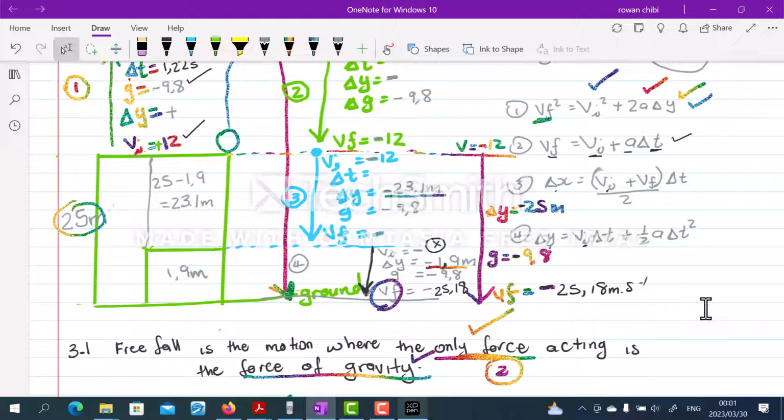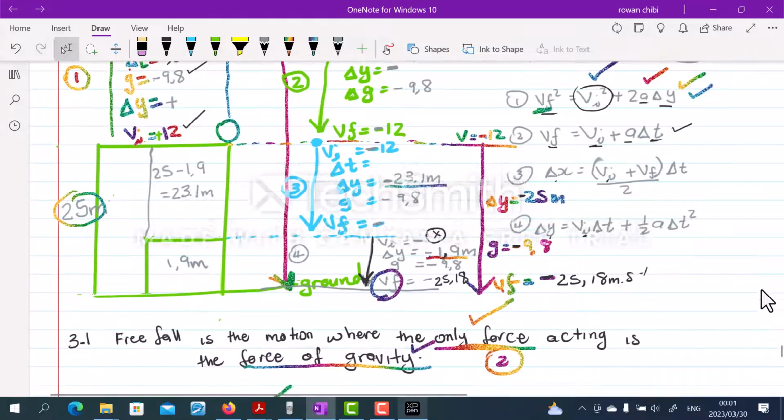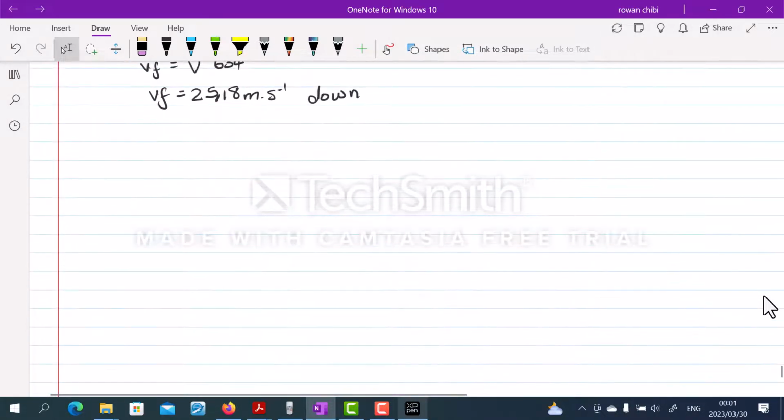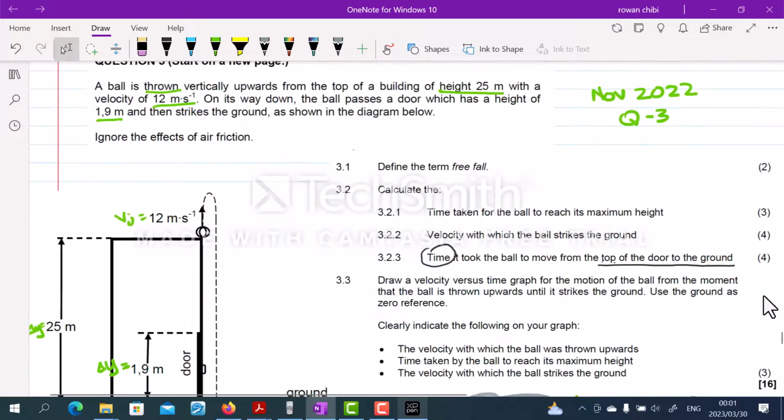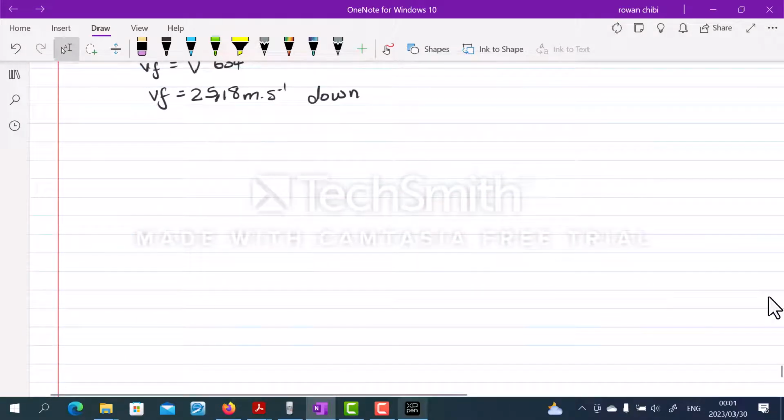So we can use the first formula, because we do have v final, we do have g, we do have delta y. Let's find the v initial. So for 3.2.3, we're going to say v final squared is equal to v initial squared plus 2a delta y.